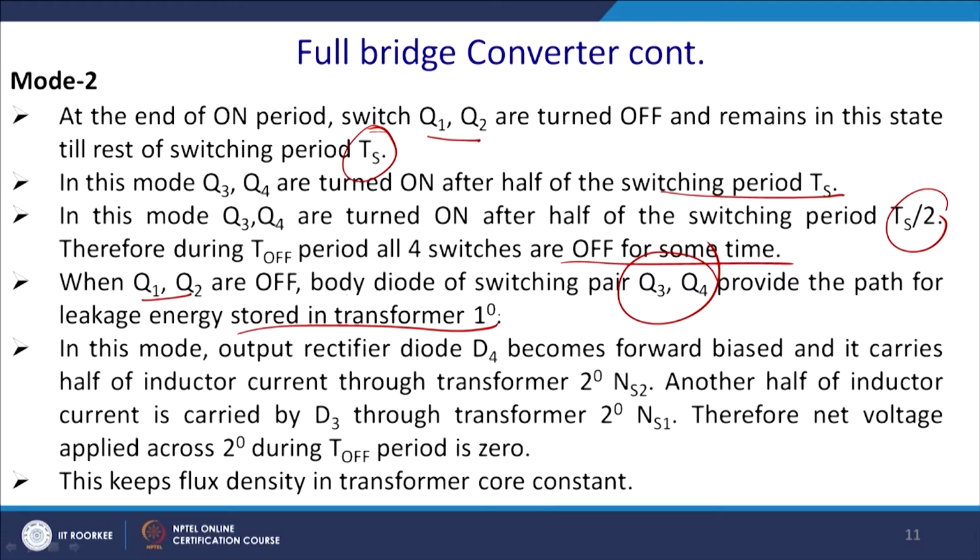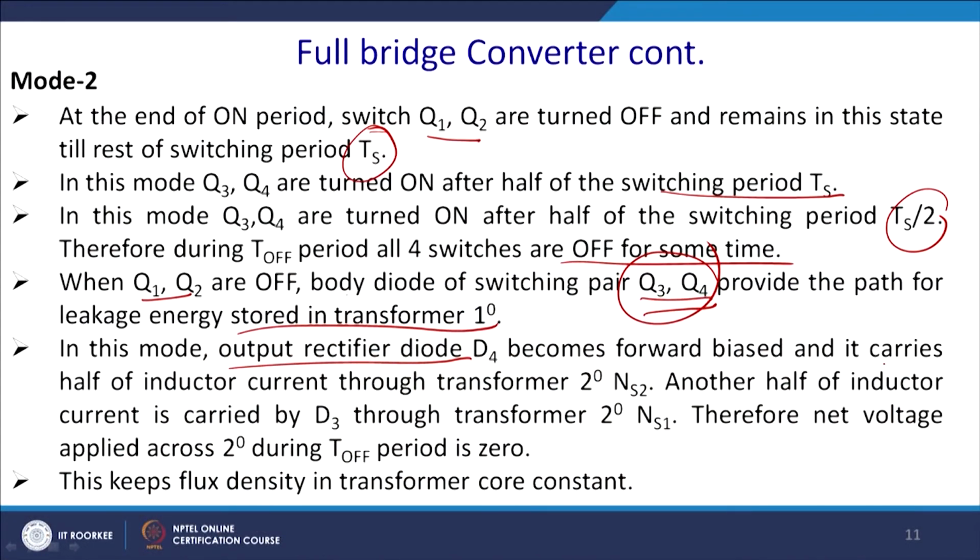Once Q1 and Q2 have been conducting, then until you trigger Q3 and Q4, the body diode in case of MOSFETs, or the anti-parallel diode in case of IGBTs, connected to the opposite pair will take care of the conduction and demagnetize the magnetic circuit. This is one of the features, please keep in mind.